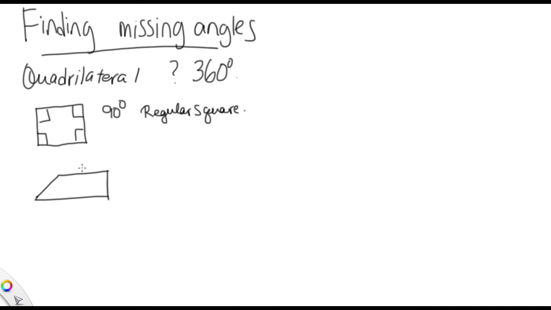This will actually be a trapezoid. Decided to make a trapezoid. Why is it a trapezoid? Because there's a pair that are parallel and there's one pair that's not parallel. That makes this a trapezoid.